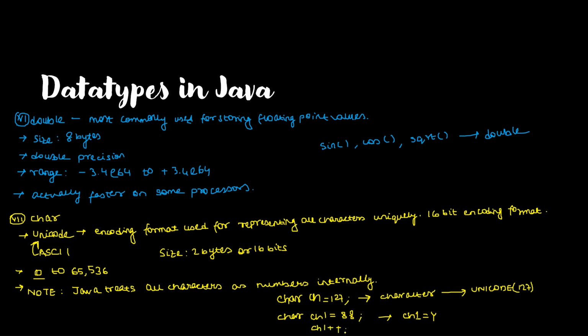Let's say you write ch1++, and when you try to print ch1, you would get a capital Z. That's the magic. I think I just made a mistake. This would be 89 instead of 88 for ch1 to be Y. Yeah, now that's cool. So now when you increment this 89, ch1 would become 90, and it will give you a capital Z.